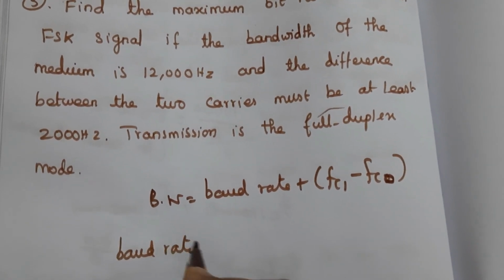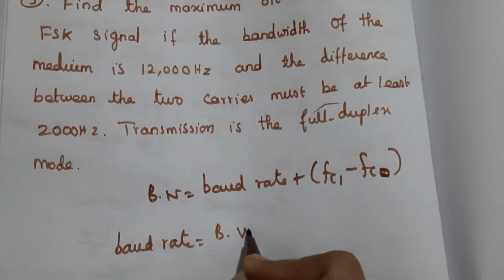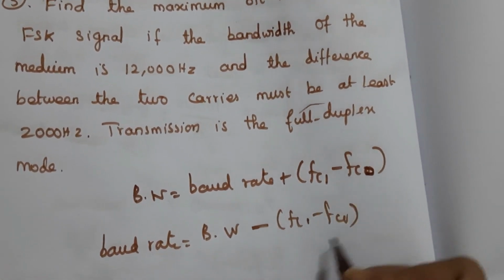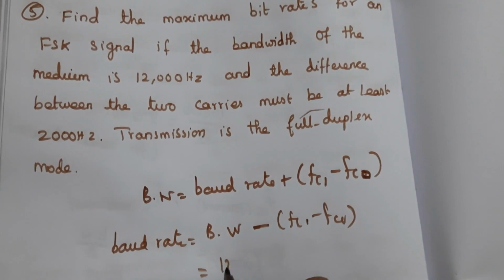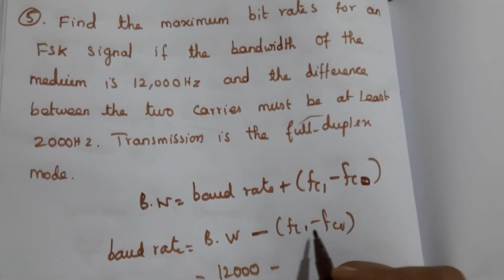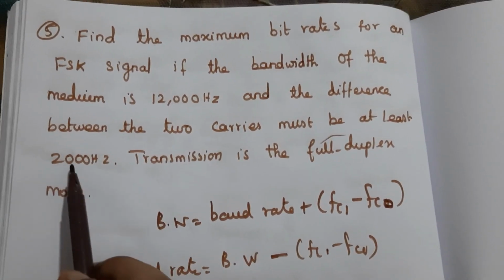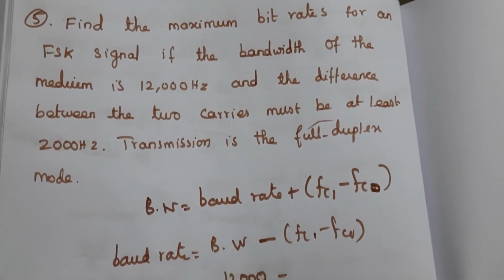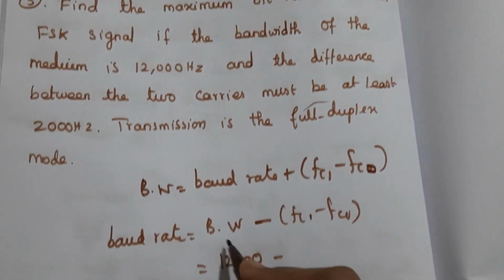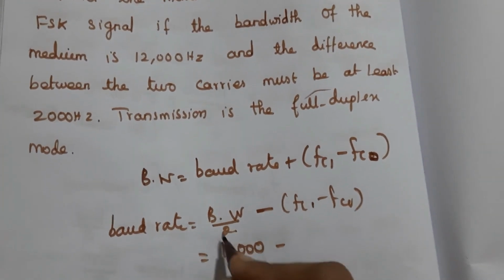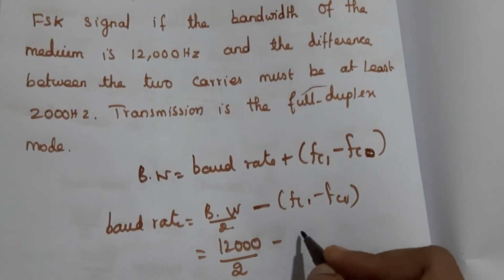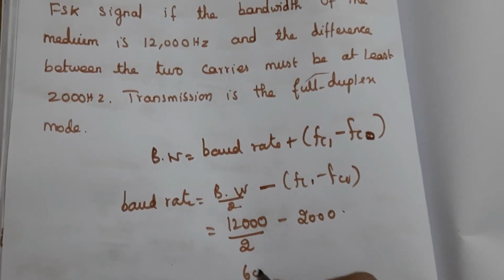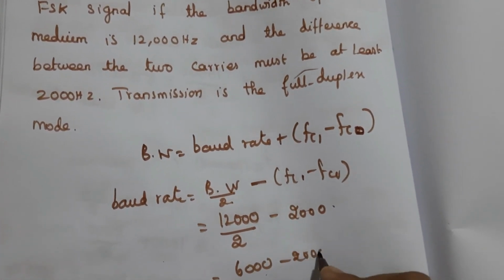So baud rate is equal to bandwidth minus (FC1 minus FC0), and here the bandwidth is 12,000 and the carrier difference is 2000 Hz. We have to find the bandwidth in each direction, so bandwidth divided by 2, that is 6000, minus 2000.